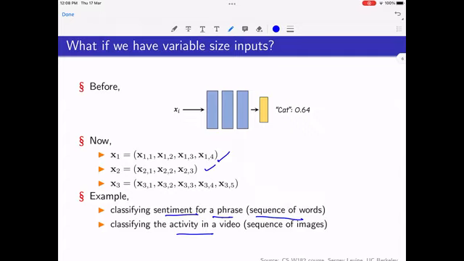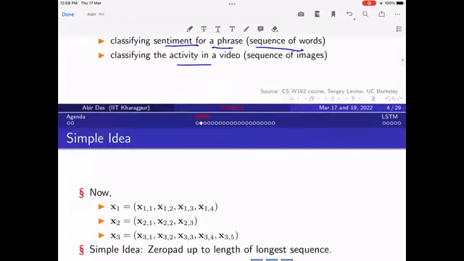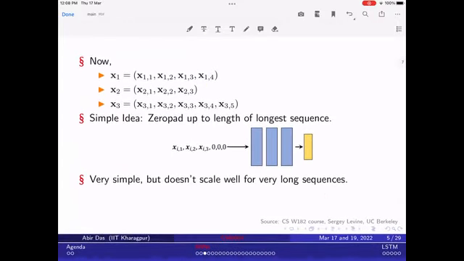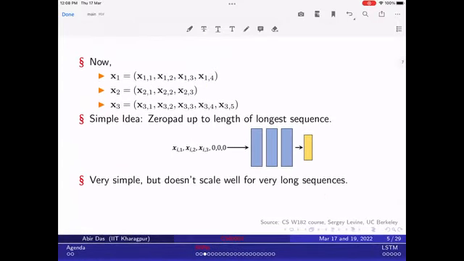What if we have variable size inputs? What can be some simple or naive idea? From there, we will go into more sophisticated ideas. So these are the inputs. Now, the simple idea is basically to zero pad up to the length of the longest sequence.